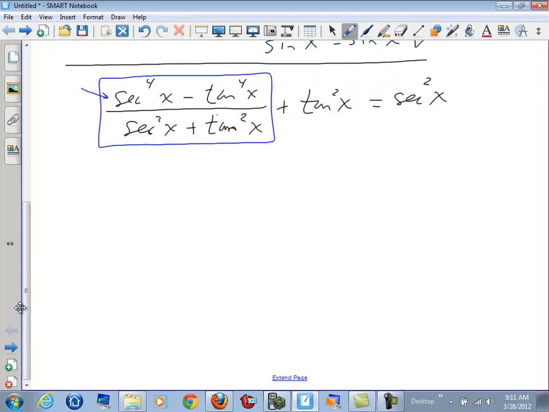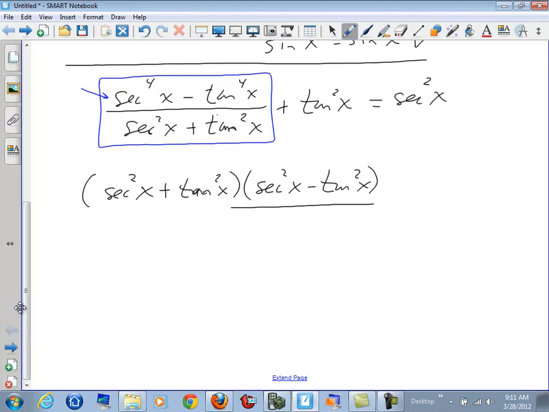So I can factor that numerator into the secant squared of x plus the tangent squared of x times secant squared of x minus tangent squared of x. I'm going to leave the denominator alone. And I'm going to leave the tangent squared alone. See how I can algebraically simplify that first fraction.